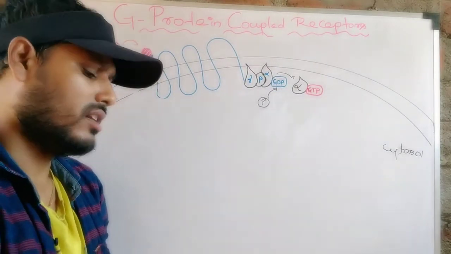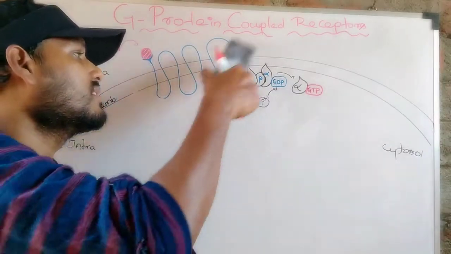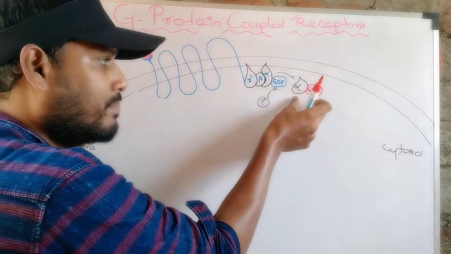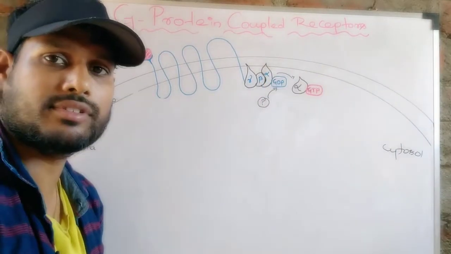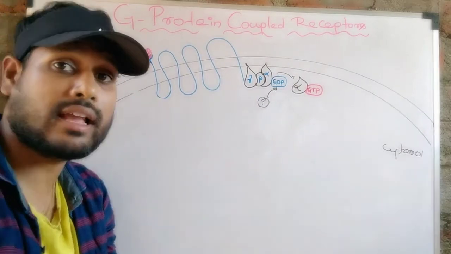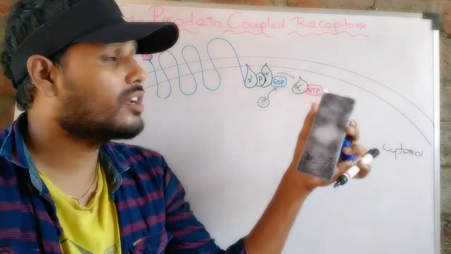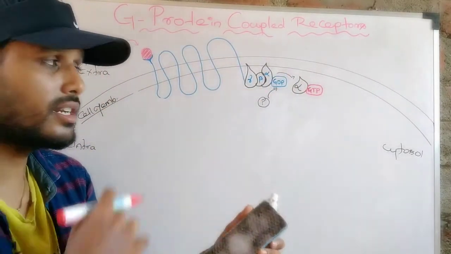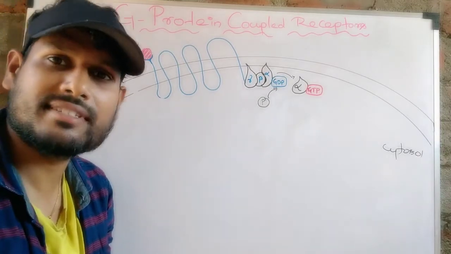Why do we need this dissociation from the other subunits? The activated alpha subunit will go and activate other proteins so that they create the secondary messengers. As I told you, after a signal is given outside of the cell to the particular receptor, it makes conformational changes and creates the secondary messengers.